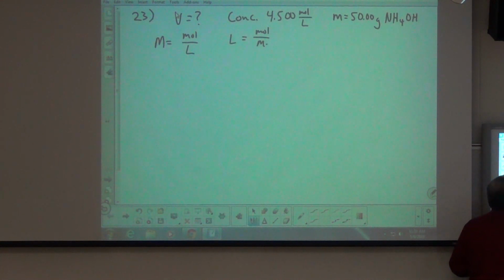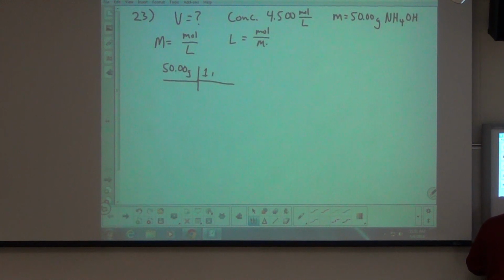The first thing I'm going to have to do is change this to moles. So I go to the periodic table. I add up a nitrogen, there's 5 total hydrogens there and an oxygen. So that's 35.